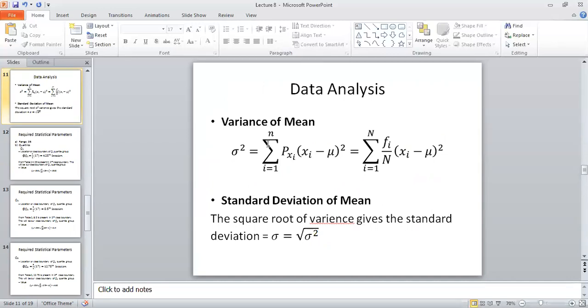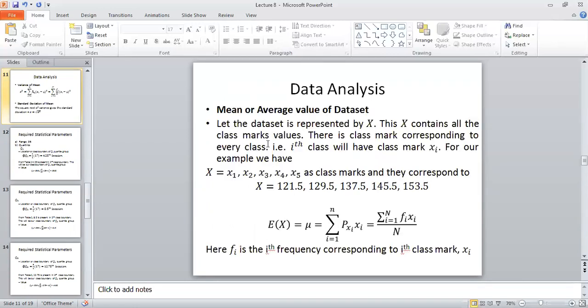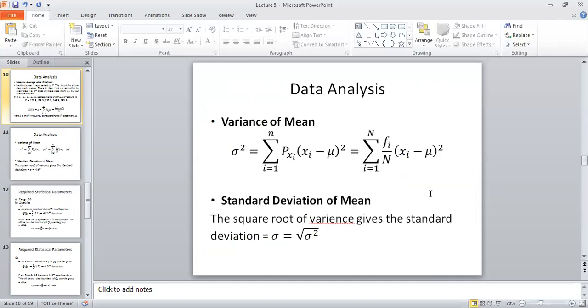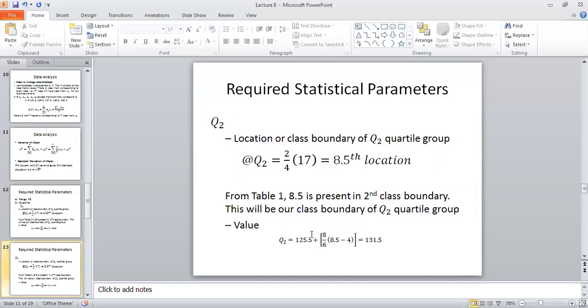Remember that for the calculations of mean, variances, and standard deviations, we use the data set defined by the class mark values, and here we have the total number of groups. So the summation is done up to the total number of groups, that is still small n, and again this probability can be replaced with frequency upon n, and we get the variance. Once we obtain the variance, we take the square root of it and get the standard deviation.